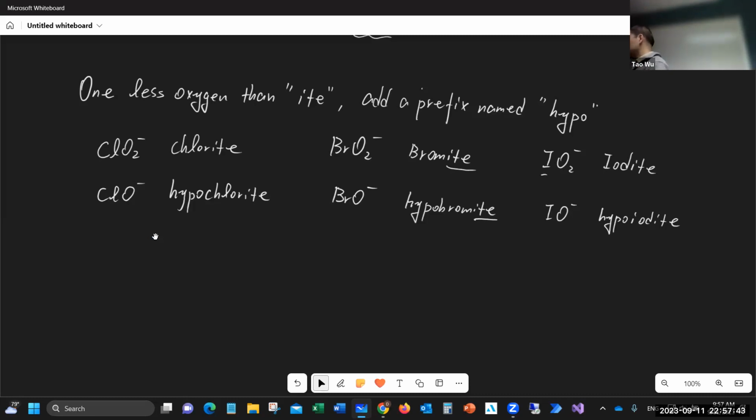Again, the reason they can bleach, make it white, is because all the color molecules, in most cases, are organic molecules. Hypochlorite has a very strong ability to decompose those color molecules.